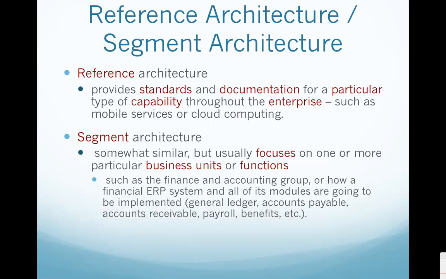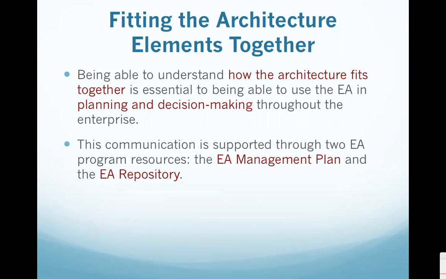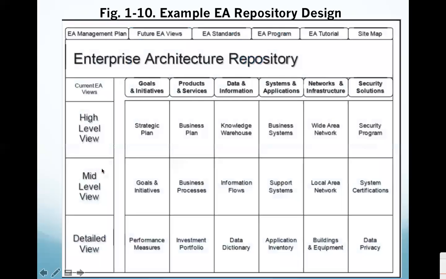So we have a reference architecture, which I talked about. So fitting the architecture elements together, being able to understand how the architecture fits together is essential to planning and decision making. Right, so there's a management plan. How are we getting from point A to point B, from the current to the future? And there's this EA repository. So here's a picture of the EA repository.